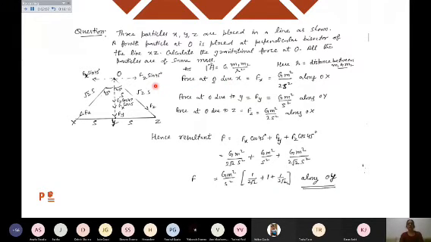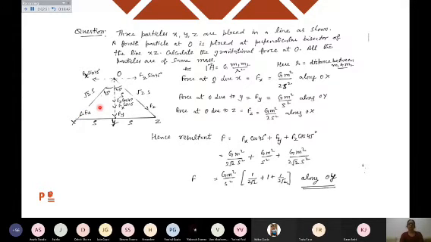So now I want to find the force at this point O, according to the question. Calculate the gravitational force at O point due to these three particles, X, Y and Z. So when I'm taking force at O due to X, it will be towards X. This is by my knowledge of vectors.